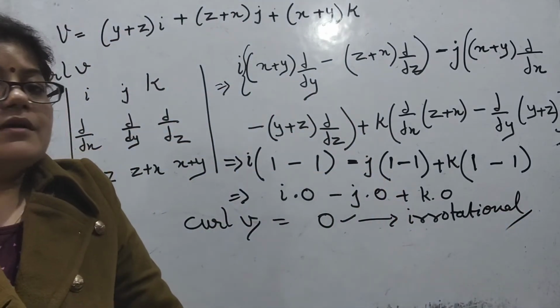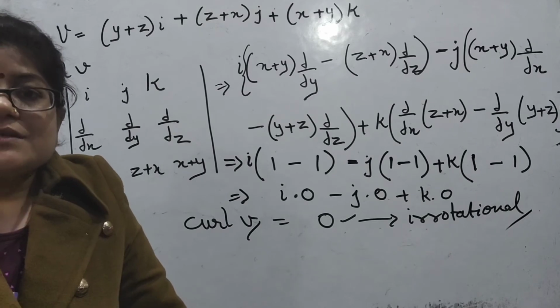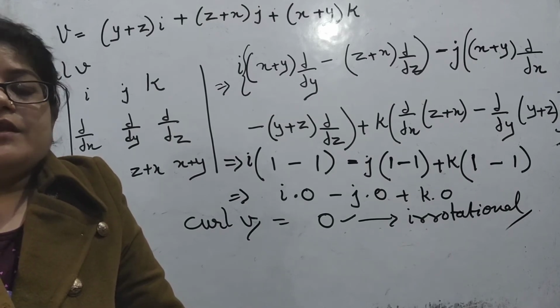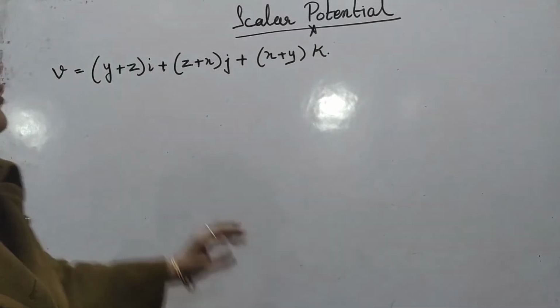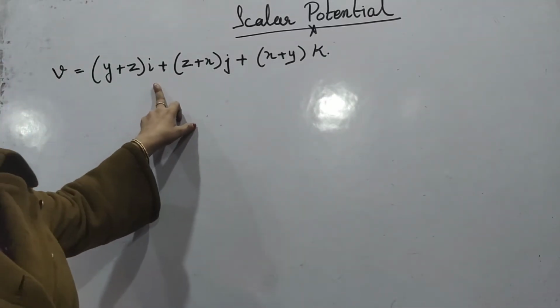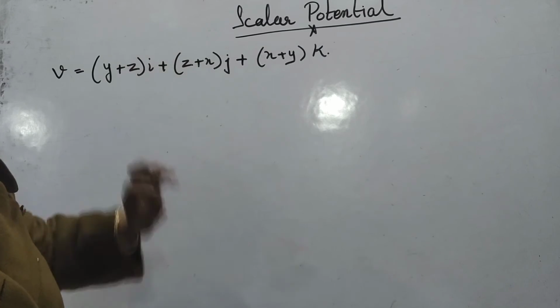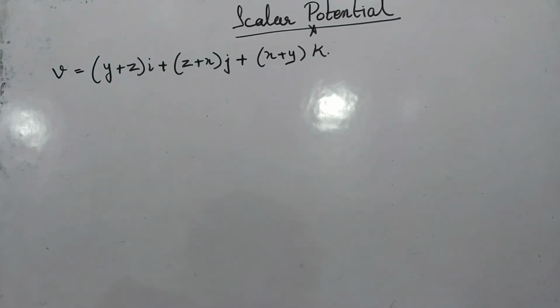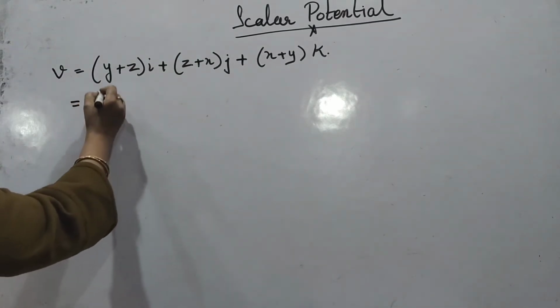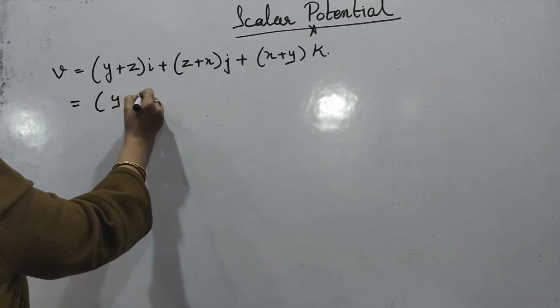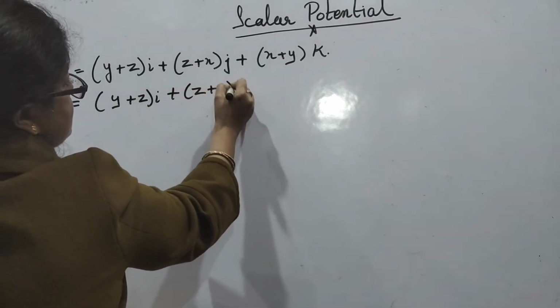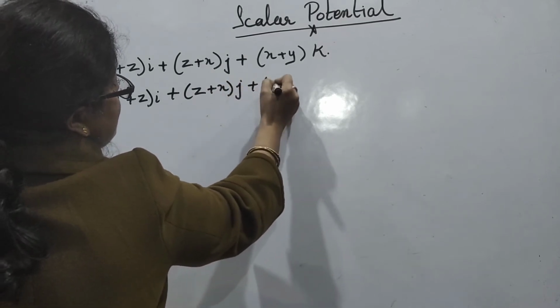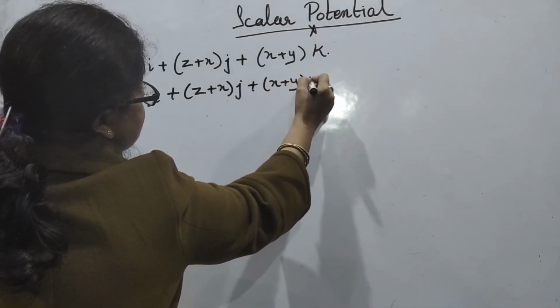Now we learn how to find the scalar potential of any given vector. Now watch the question. We have this vector and we have to find the scalar potential. In order to find the scalar potential, we just write the whole vector as it is: (y + z) i, (z + x) j, (x + y) k.